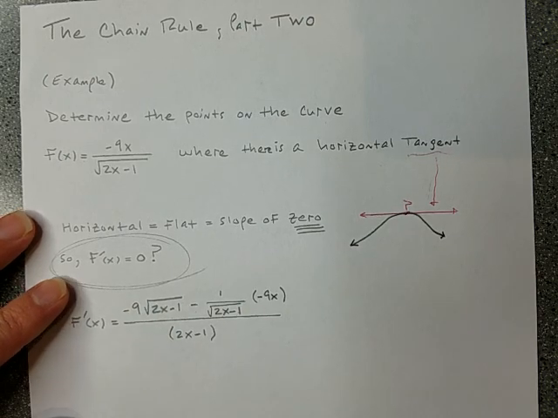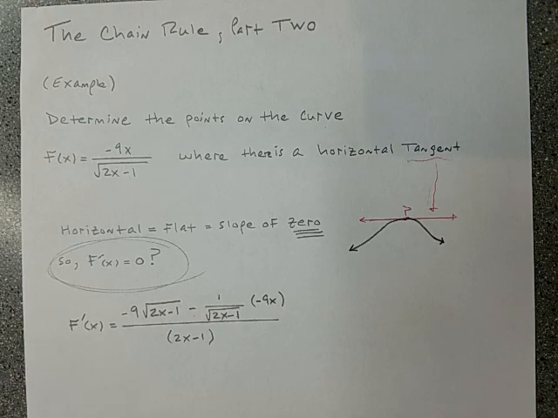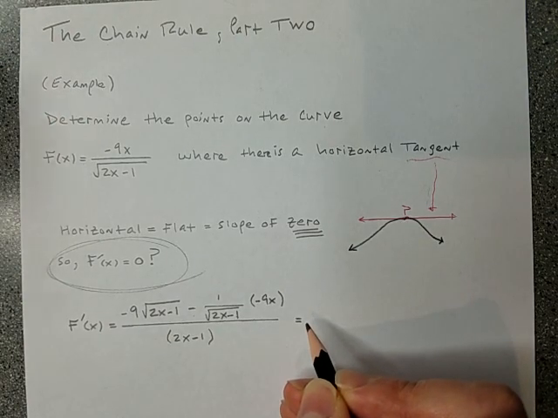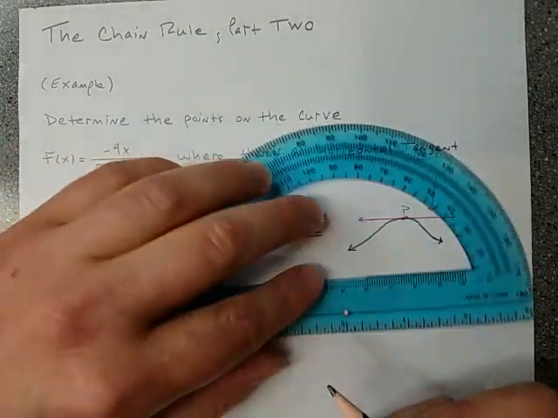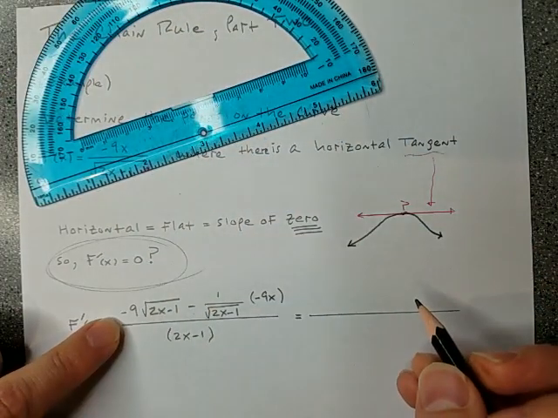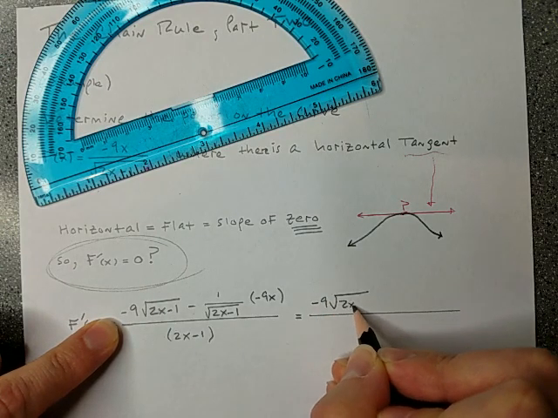Okay? So I've got this now. Now, how about this? I'll do one more step, and then I think we've got most of it done from there. So this, I can't do anything with that, all right, 9 root 2x minus 1.